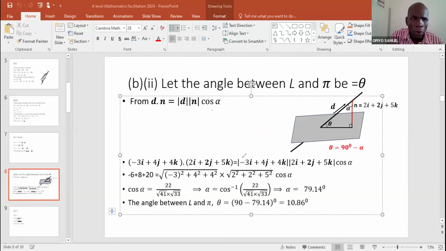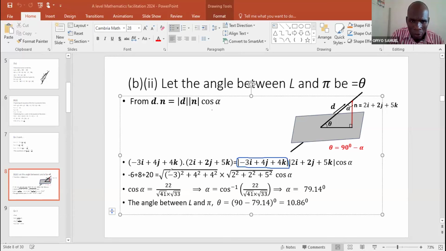When you are getting the magnitude of a vector, for example the first one here, you get the coefficients of ijk, square them and then sum them. That's why you have -3 squared. And always when it is negative, make sure you put it inside a bracket.